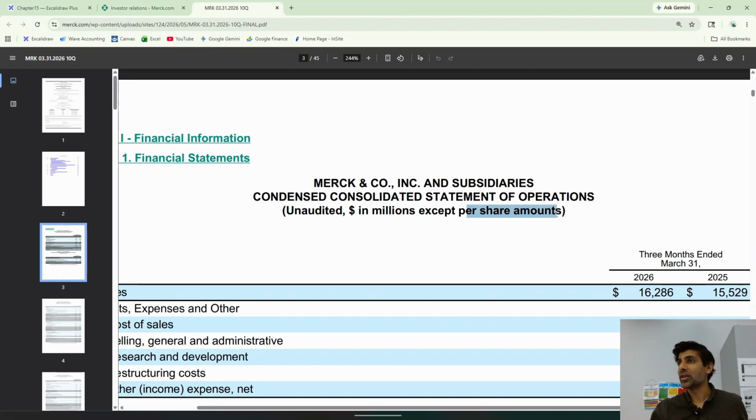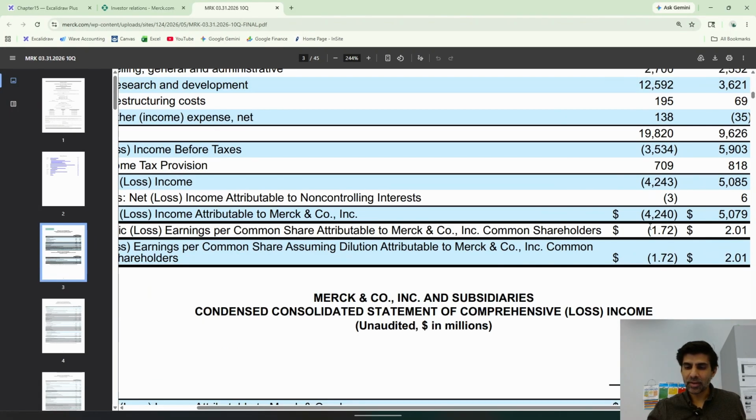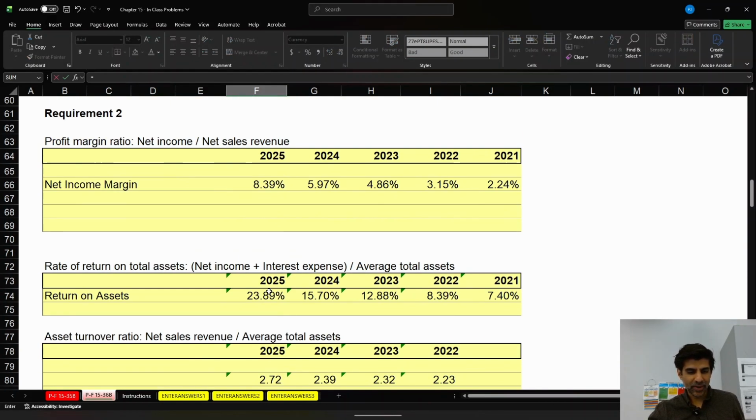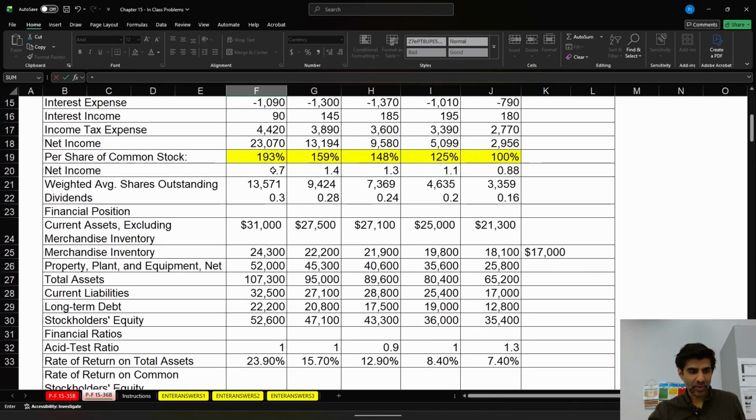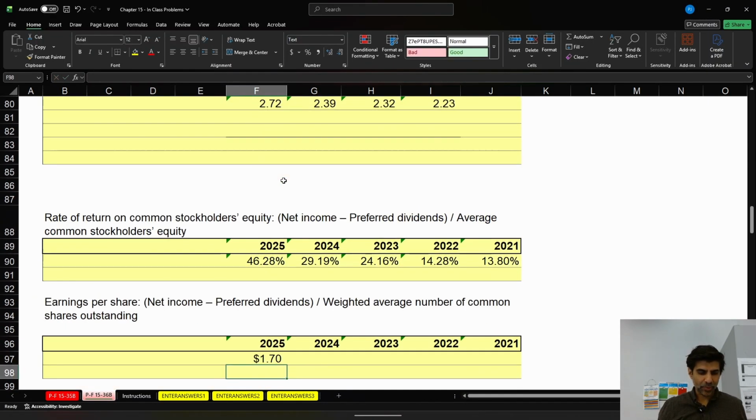So the per share amount is just in actual dollars. So it's a $1.72 loss per share. This is in millions though, so it's 4.2 billion, I think. If you do 4,000 times a million, that's 4 billion. Earnings per share, yeah, we can just reference this data here. Is it per share data?